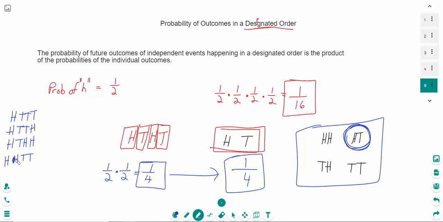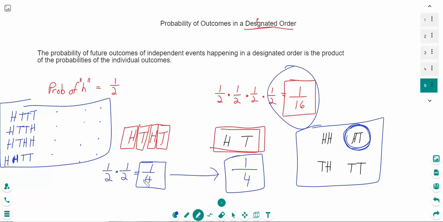Okay? And that would be all 4 possibilities for when I get just a heads on the first flip. And then I could continue and say, well, what happens if I get tails? And eventually I'm going to end up with 4 columns here, each having 4 in them. I'm going to end up with 16 possible outcomes. And that's where this 1 out of 16 comes from. Okay? So hopefully that makes sense to you.